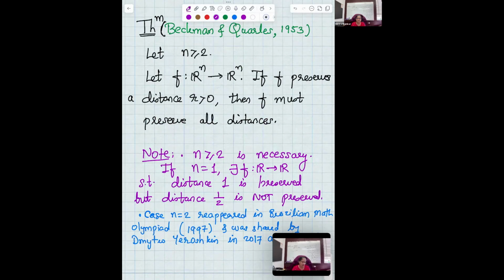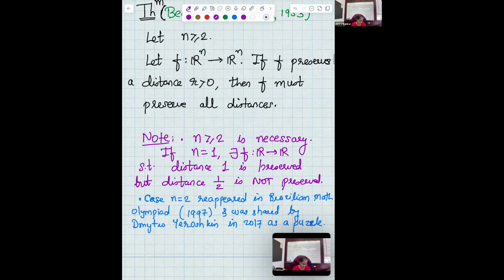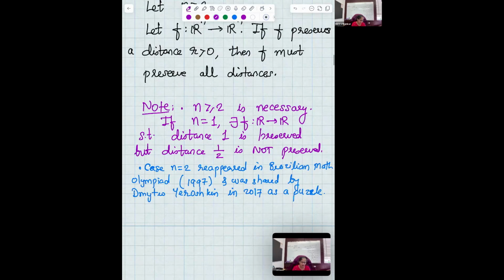From Beckman and Quarles in 1953. The reason we were interested in this question was the case n equals 2, where we saw the examples, which reappeared in the Brazilian Math Olympiad in 1997. Then at some conference, this problem was shared as a puzzle by Dmitry Yereshkin at Dartmouth College, and we were doing it as a puzzle.